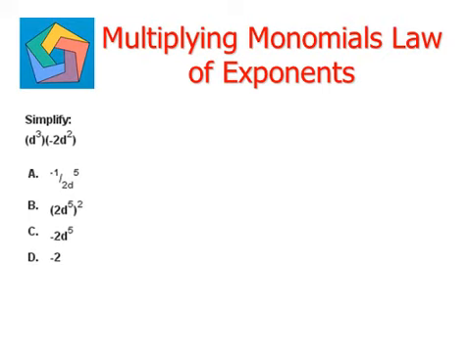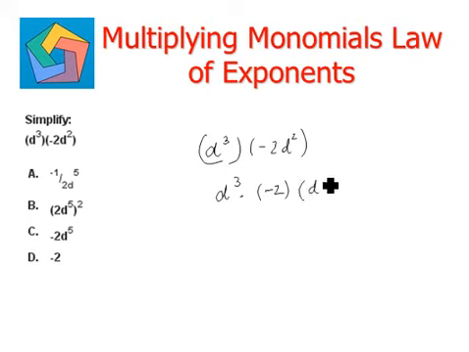Simplify d cubed times negative 2d to the power of 2. So here this can be written as d cubed times negative 2 can be separated and d to the power of 2 is written like this. So here this term and this term, the base is same.